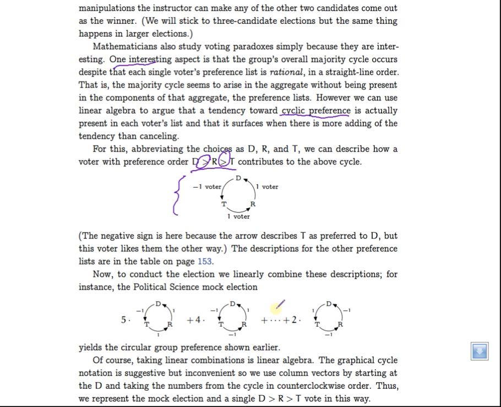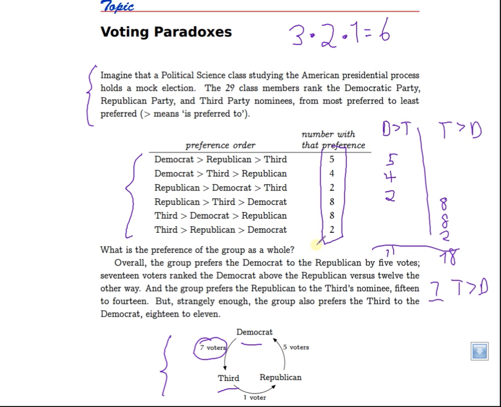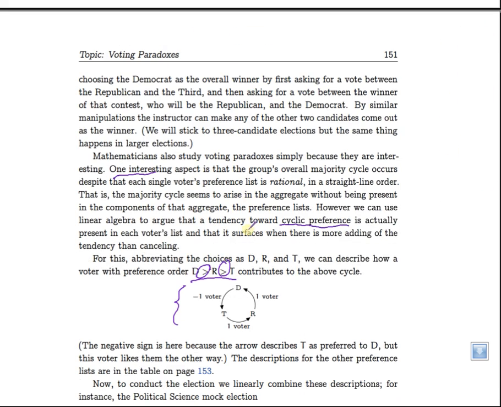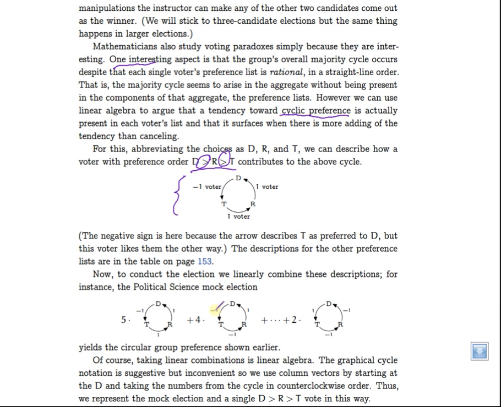So, for instance, you could represent this previous election here. This is 5 times the first preference here. That corresponds to 5 times this cycle. So just add up the cycles with scalar multiples, and you'll get the preference result of the election.